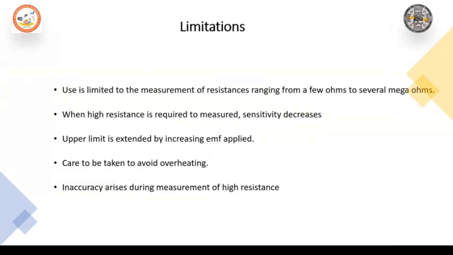Limitations of the Wheatstone bridge. The effect of lead resistance and contact resistance is very significant while measuring low resistances. The bridge cannot be used for high resistance measurement, that is measurement in the high mega ohm range. This is because in such measurement, the resistance presented by the bridge becomes so large that the galvanometer becomes insensitive to show any imbalance.